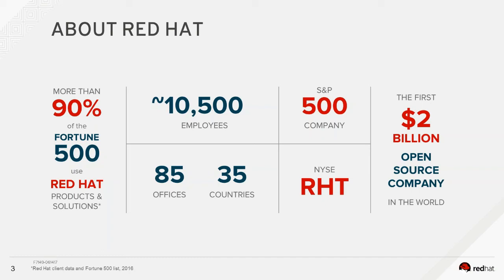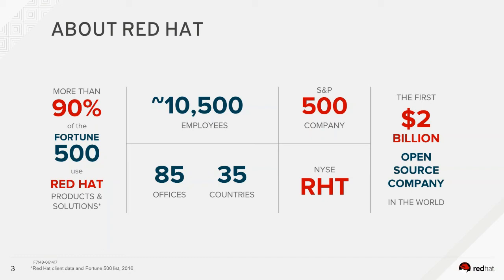It's one of the dominant operating systems used in the data center today. But we're very much more than that. We've grown tremendously over the last few years. When I joined about 5 years ago, I think there were 4,500 employees. We're now looking at around 10,500, 11,000 employees, and we really have a much broader portfolio of enterprise software.